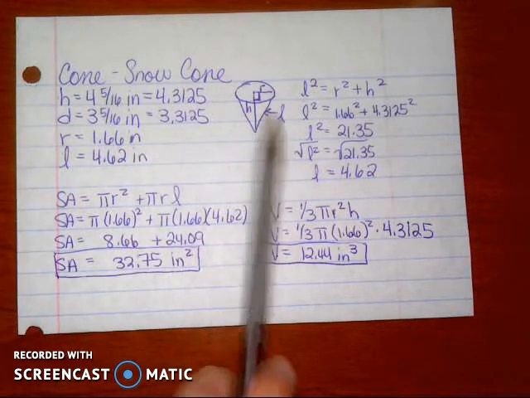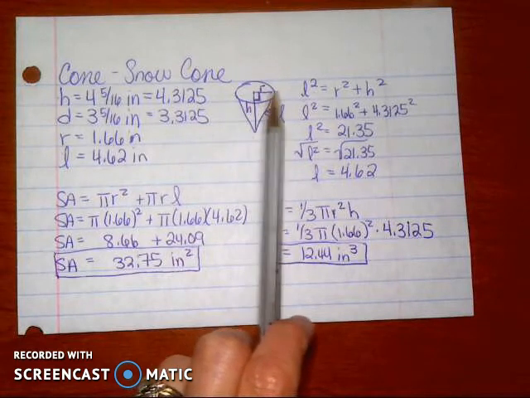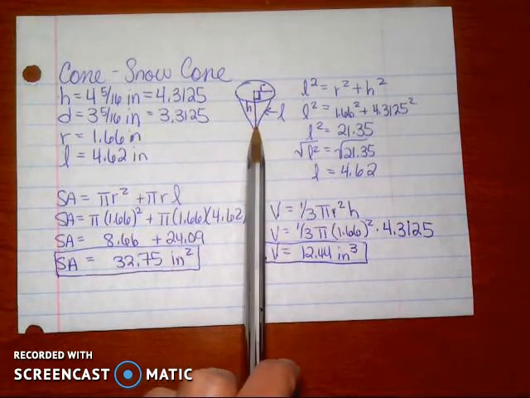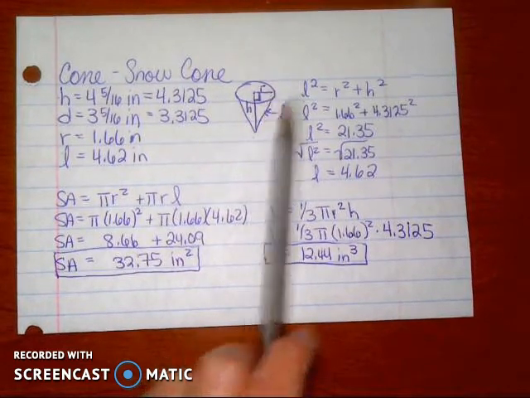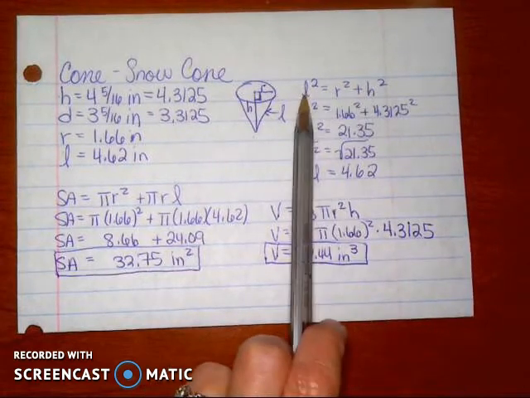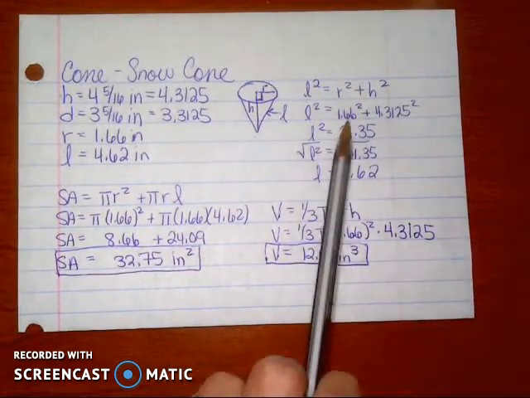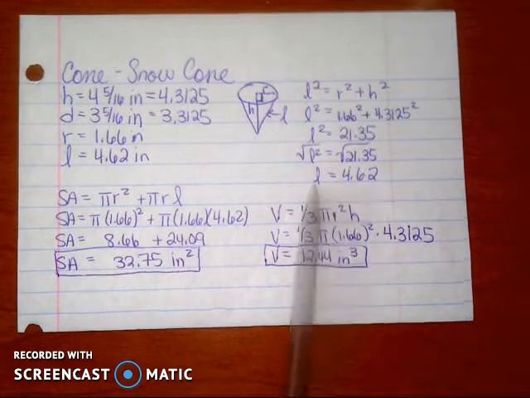And then I can calculate the slant height using the Pythagorean theorem. The radius and the height make a right triangle with the slant height. This is really a squared plus b squared equals c squared. And I substitute those values in and find my slant height.